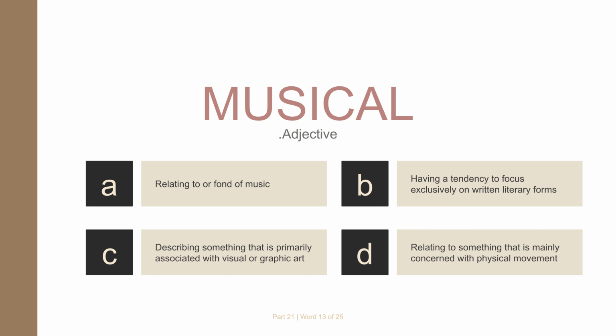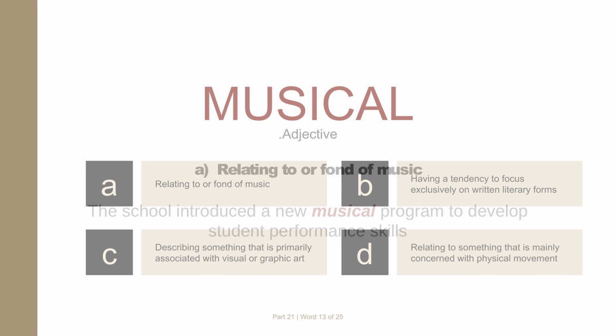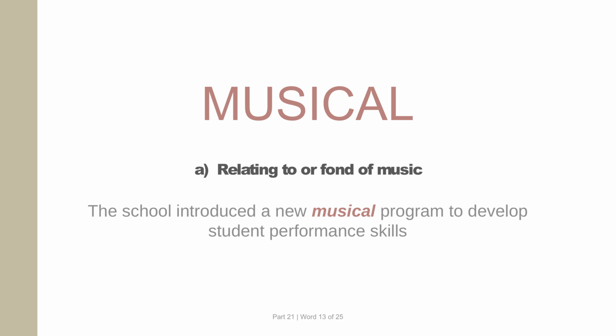Option D. Relating to something that is mainly concerned with physical movement. Correct answer, option A. The correct meaning of musical is relating to or fond of music. Example: the school introduced a new musical program to develop student performance skills.